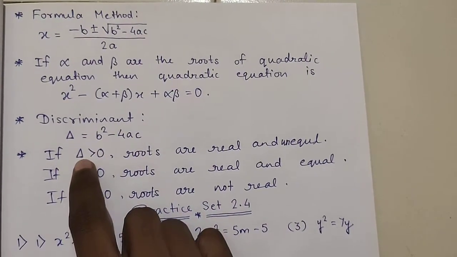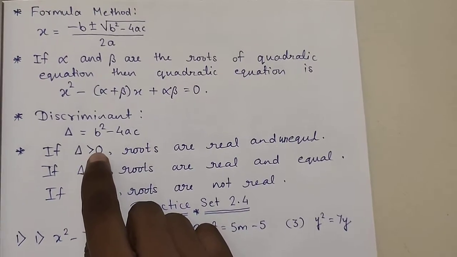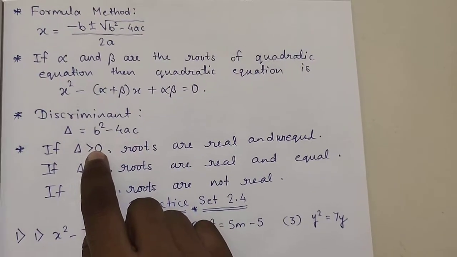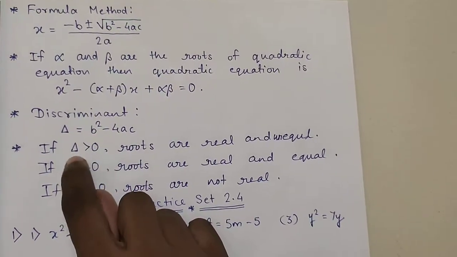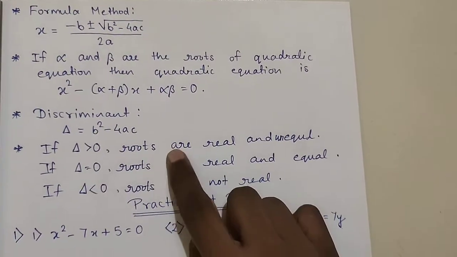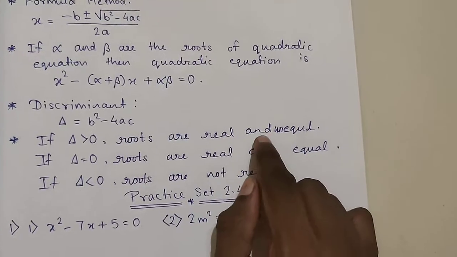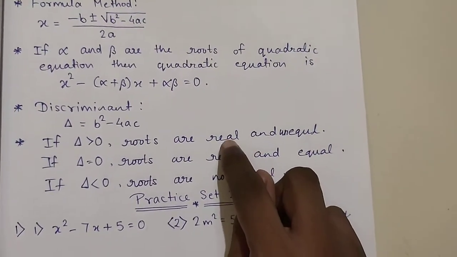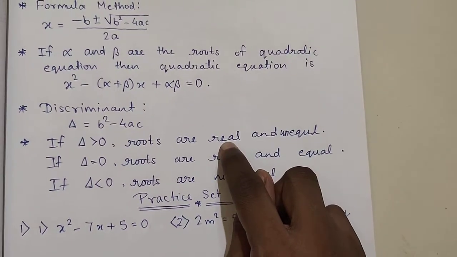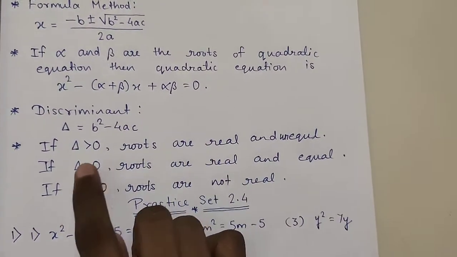So what is your first condition? If your discriminant is greater than 0, that is positive, then your roots will be real and unequal. That means you are going to get two different roots, and they will be real numbers.